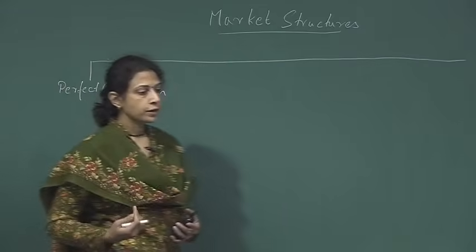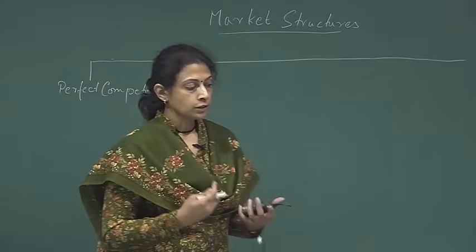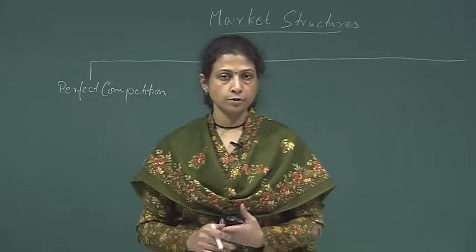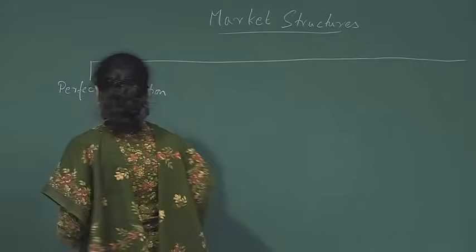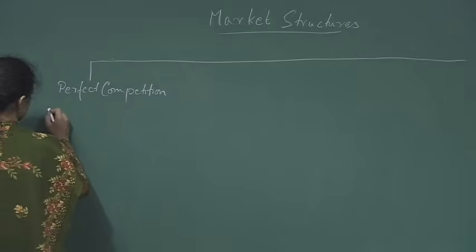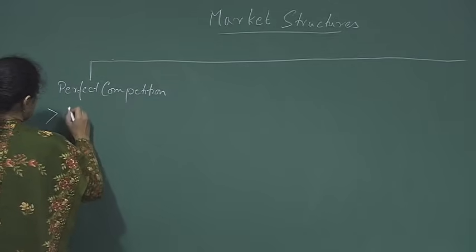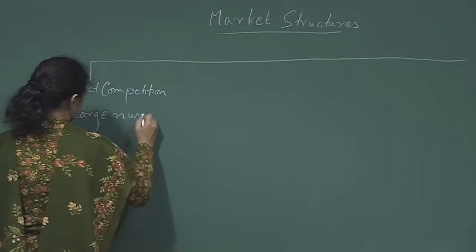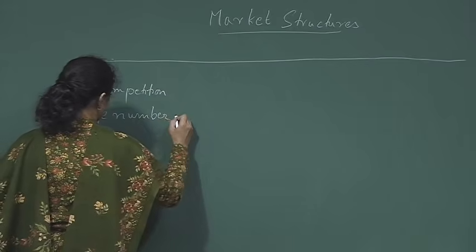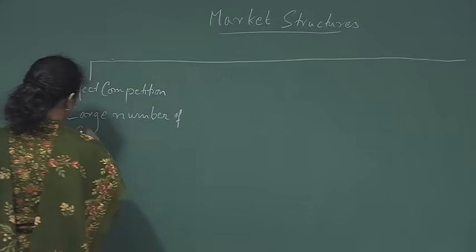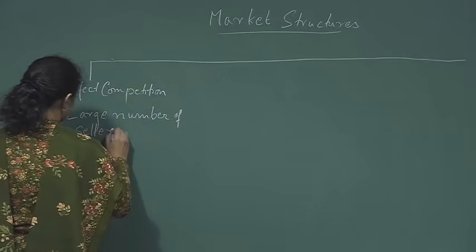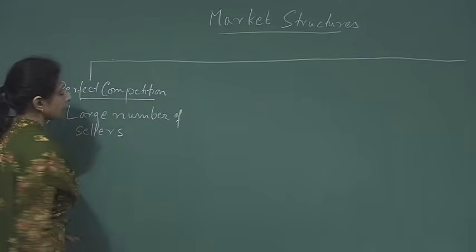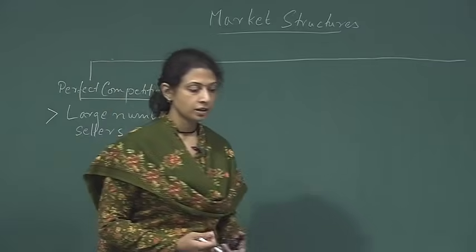So in perfect competition, all the 4 categories by which market structures differ from each other apply. Firstly, a large number of sellers. In perfect competition, there are a large number of sellers in the market.